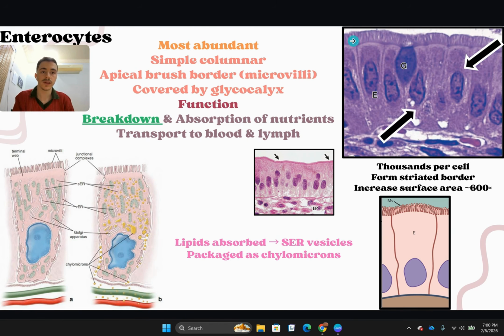As you can see, there are 1,000 microvilli per cell, so each cell has a lot of microvilli. They form a striated border. Why? Because we want to increase the surface area, and they increase it by 600 times, a lot of increase in surface area.